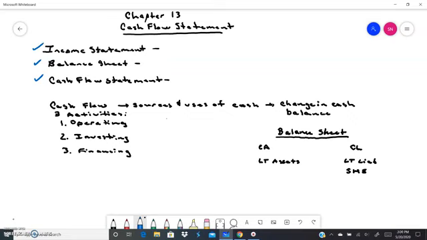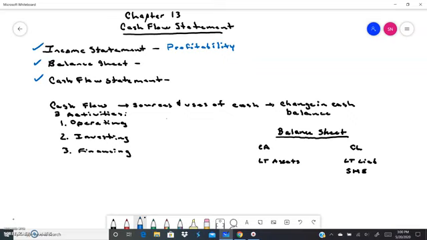But just to refresh our memory, if you remember, the income statement is focused on one of the objectives of the company, and that is, of course, profitability. So if we want to understand profitability of the company, we would look to the income statement. That's going to show us the revenues, the associated expenses, and what our profitability has been for a specific period of time.